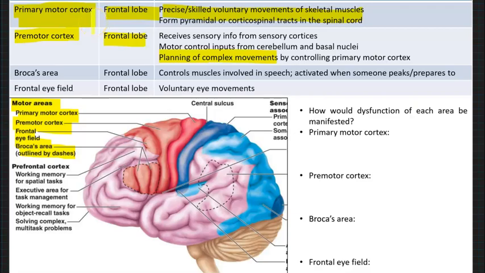So the premotor cortex gives instructions, tells the primary motor cortex, hey, contract this muscle, contract that muscle. Essentially, your skills, what we call motor skills, are stored in your premotor cortex.